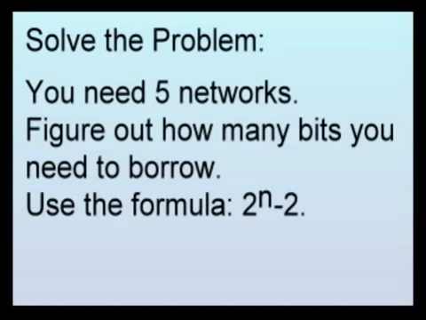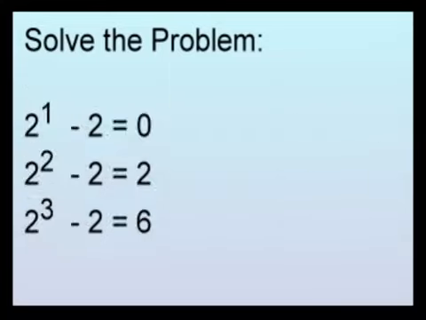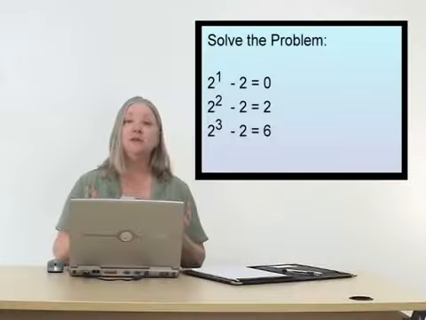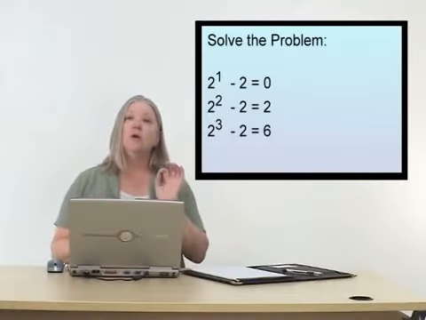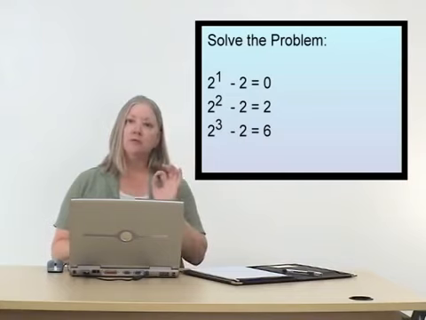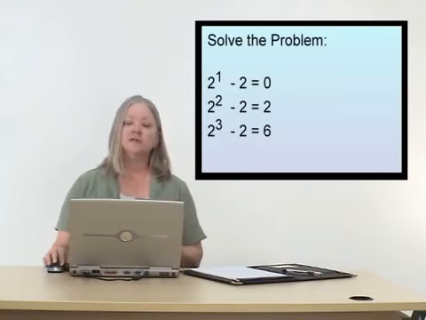Using the formula 2 to the n minus 2, let's borrow 1 bit. 2 to the 1 gives us 2, minus 2 is 0. That's definitely not enough. Let's try borrowing 2 bits. 2 to the 2 is 4, minus 2 just leaves us 2. That's only 2 networks, still not enough. Let's try borrowing 3 bits. 2 to the 3 is 8, minus 2 gives us 6. That's perfect. We needed 5 networks, so we need to borrow 3 bits from the host side of the address in order to solve this question.